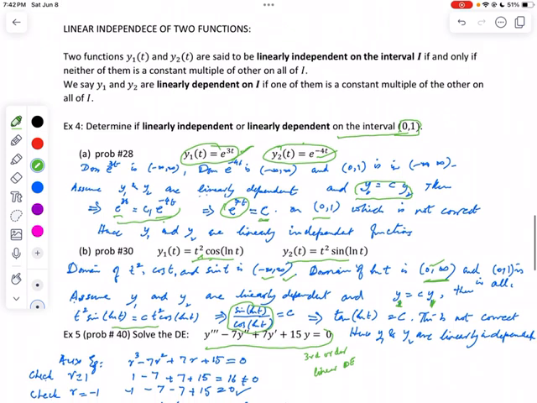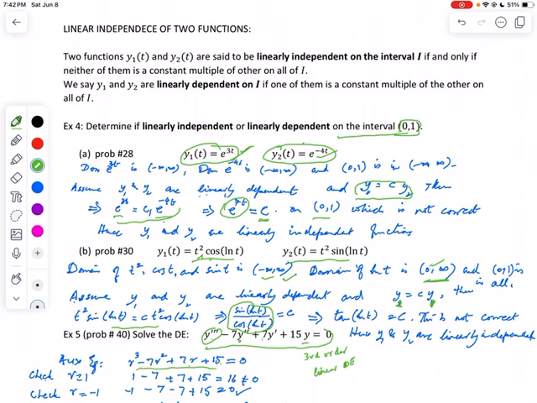Just remember from the previous case, you replace your derivative by r to the order of the derivative. So for the third order derivative we get r cube, second order derivative we get r square, first order derivative we get r, and no derivative, just the function, we get just 1. So our characteristic or auxiliary equation will be this.